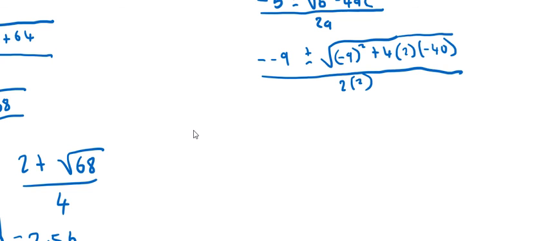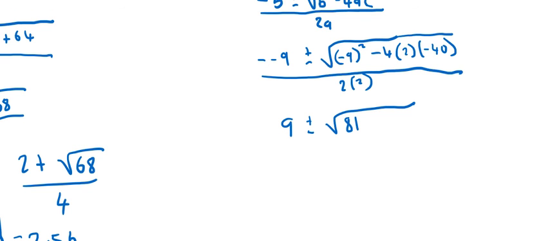So minus minus 9 just makes plus 9, plus or minus square root of 9 squared is 81, and then you're going to have 4 multiplied by 2 multiplied by, that should be a minus in there actually.